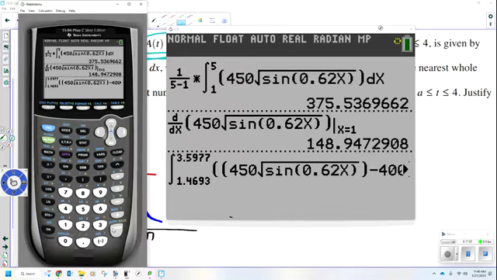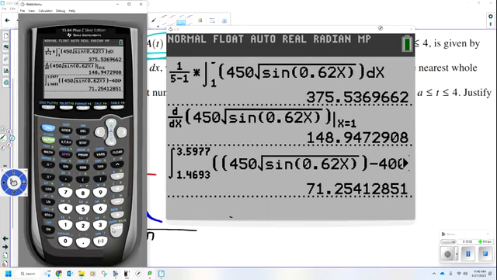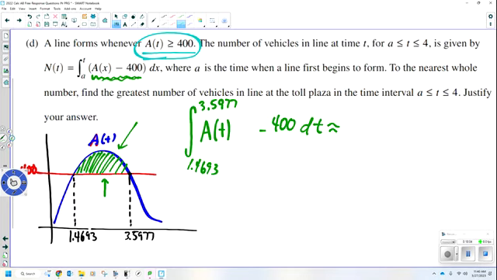That's a lot to type in there. Okay, and that's 71.254. So before I label this as the max, the greatest number, I have an interval, which means I also need to check my endpoints between A and 4.